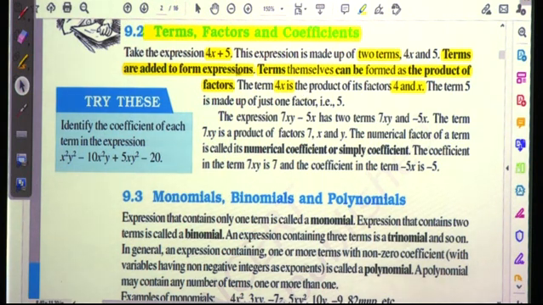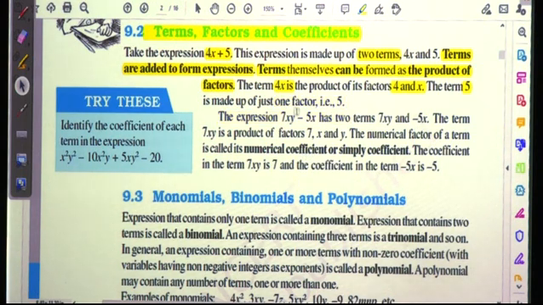That is our first term. It is a product of its factors 4 and x. The term 5 is made up of just one factor, that is 5. What about the second term 5? It is made up of just one factor, and that is 5.